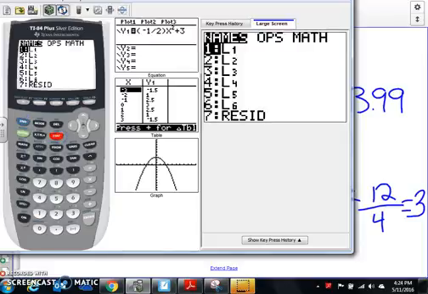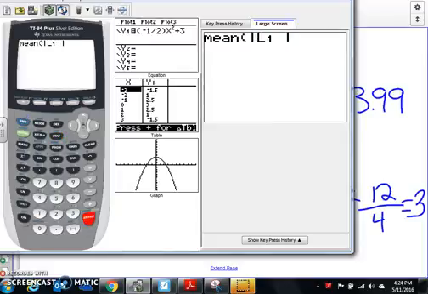So second stat L1, minus what our average or our mean was, which in this example was 4. And now I just put enter, and boom, it's 3. So that's a way to check yourself.